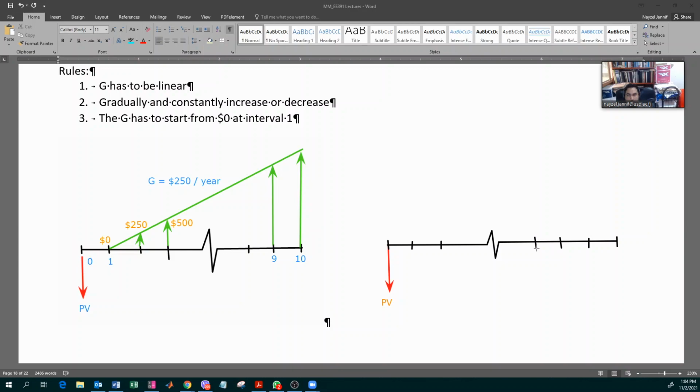What we are trying to do over here is convert what we have, which was our gradient, into an annuity, and that's what I'm trying to show you over here.